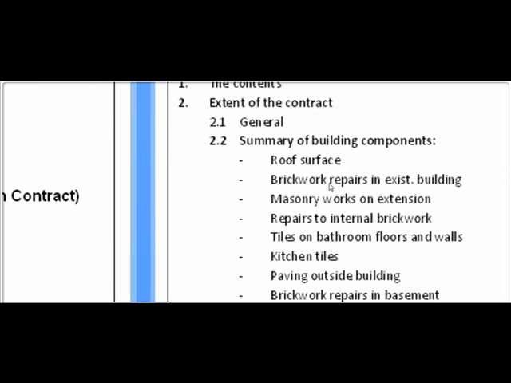For example, this could be the masonry works here, and there's a component called the roof surface, in other words the pan tiles on the roof, the brickwork repairs, the masonry works on the extension, the repairs of internal brickwork, etc. So each item that this masonry contractor has to do is listed over here, and each of these will correspond to a building component specification later on.